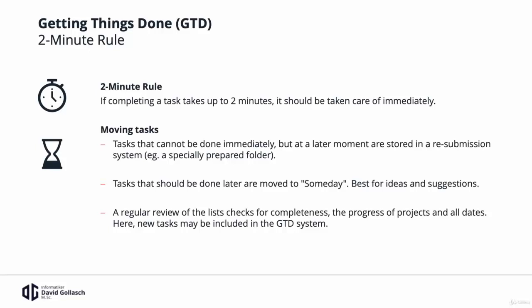It's rather a good idea to do the task immediately. So you can take care of that immediately. And the recommendation for that is to consider it as a 2-minute rule. So each task that comes in that could be fulfilled within 2 minutes at most should be done directly, without thinking about further processing it within the GTD system.